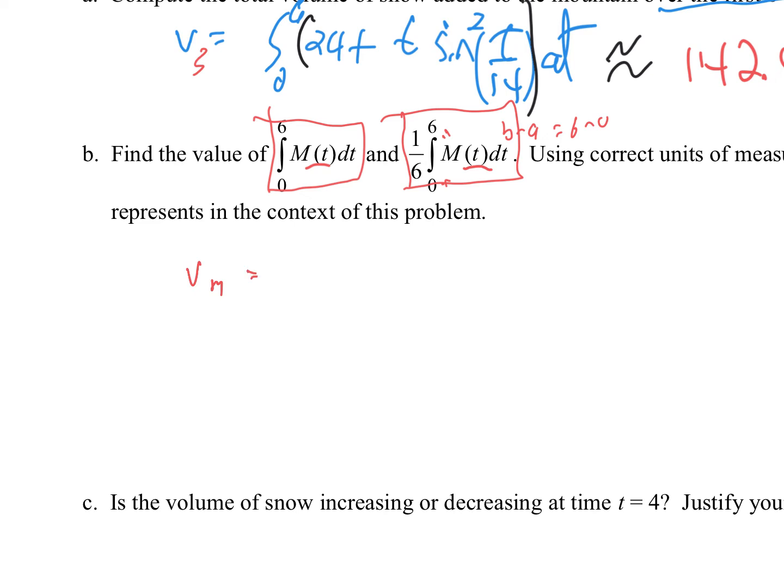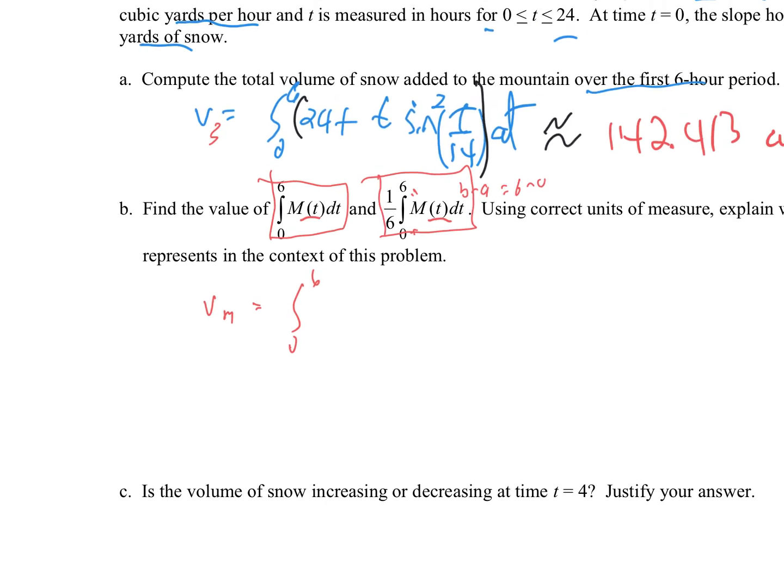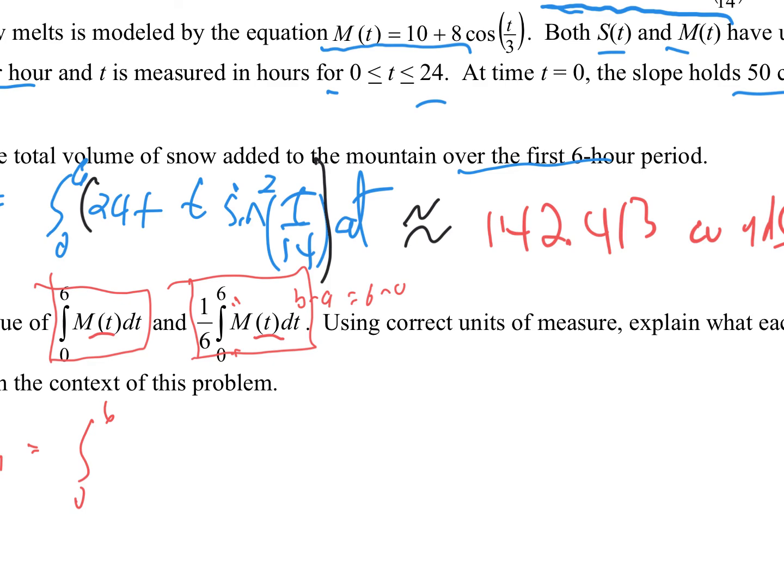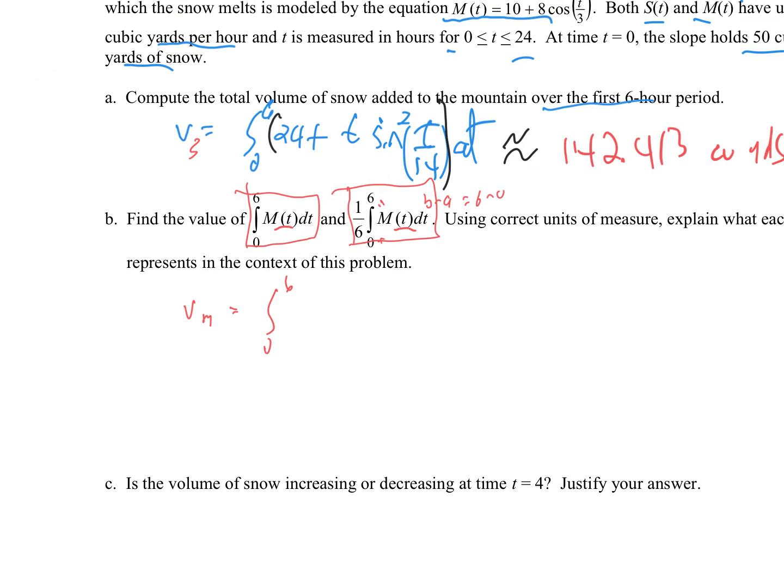This is the first one in 6 hours. And the function for melting was 10 plus 8 cosine of t over 3, 10 plus 8 cosine of t over 3 dt. So I'm going to do that with my calculator and get an answer.